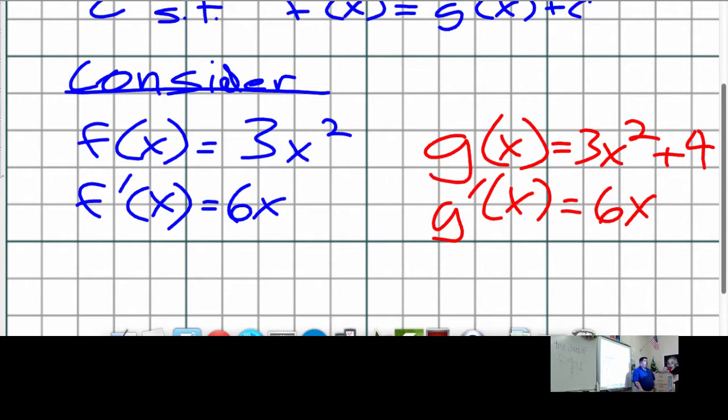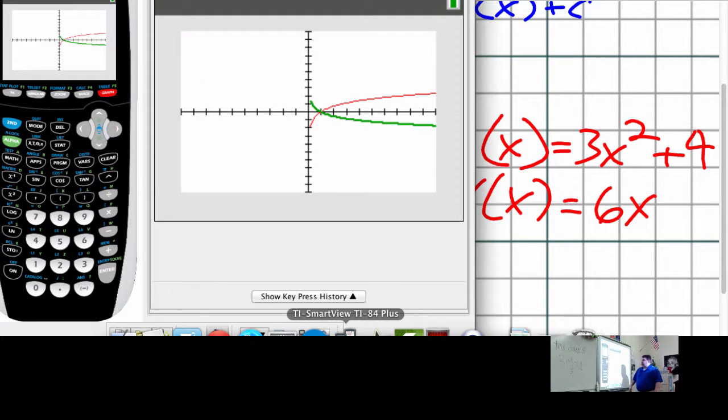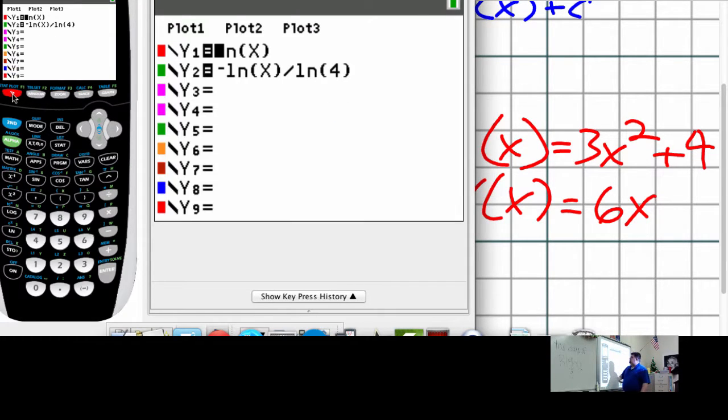Okay, that's really what that corollary is talking about. What we use this for in the real world is that sometimes we're given a derivative or a rate of change that's represented as a function, and what we need to do is work backwards. I'm going to teach a little bit ahead, so it makes more sense.